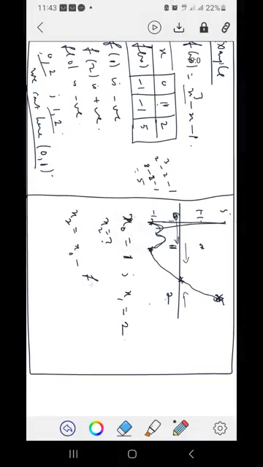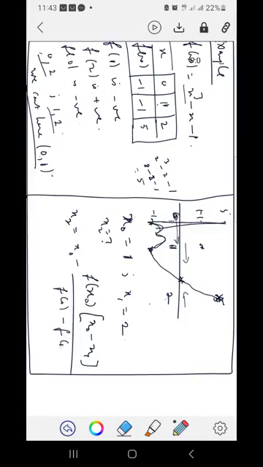So that's the formula that we are going to use.